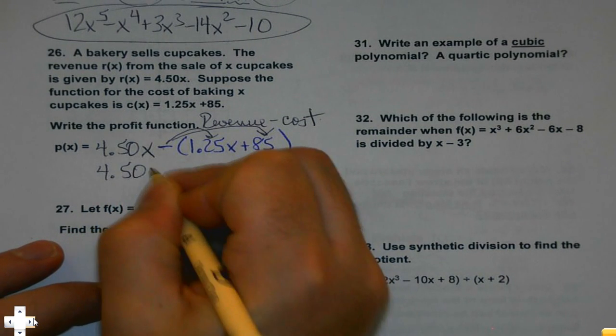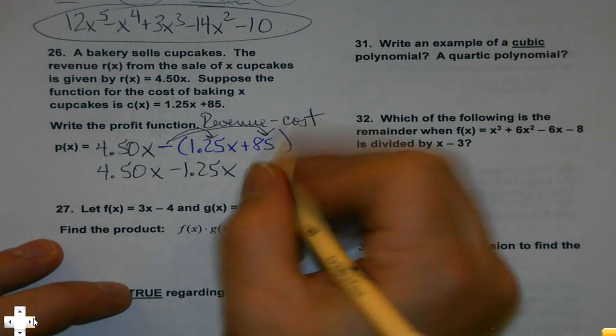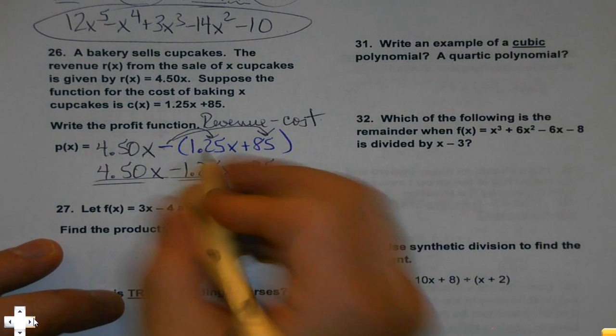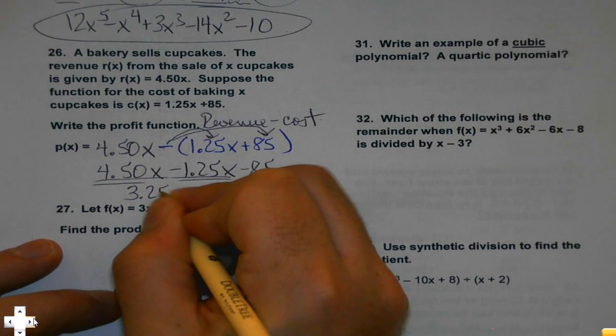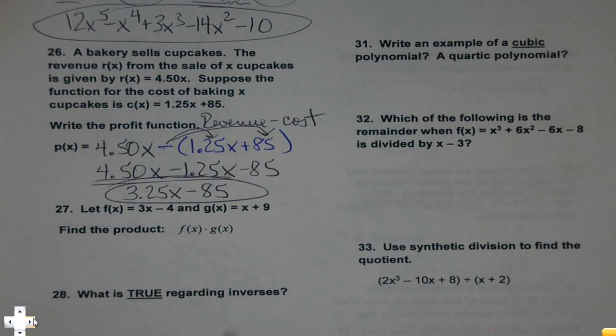If I forget that, that would mess up my profit function. And no, you won't see it written this way. It's going to be simplified. My profit function. Okay? But I got to remember the revenue minus cost part.